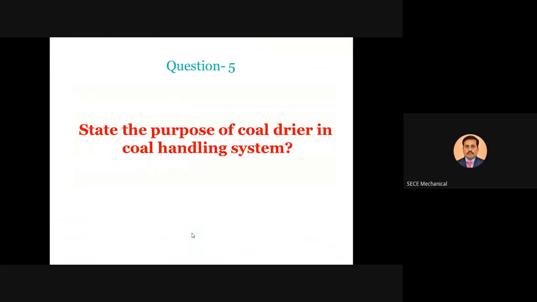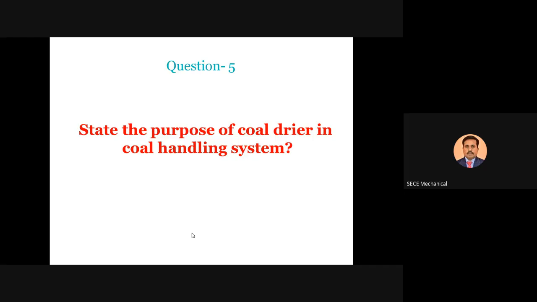So I would like to ask a question. State the purpose of coal handling system. In the last class, we discussed how the coal is delivered from the coal mine to the boiler area with the help of the coal handling system. That is the furnace area.